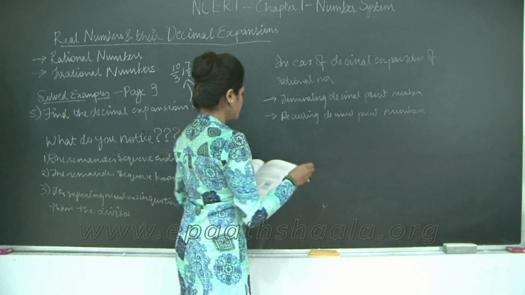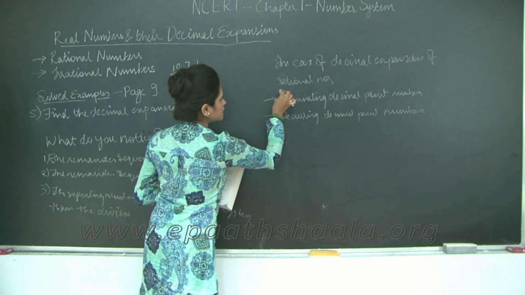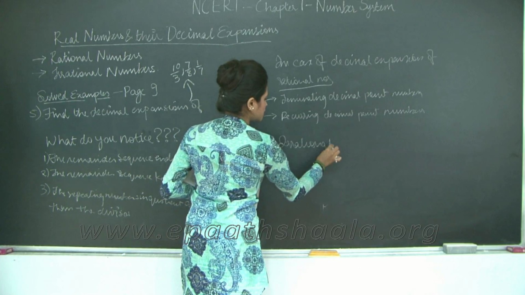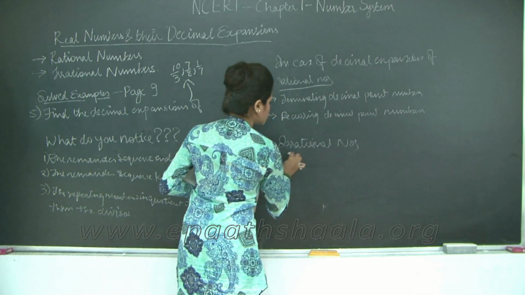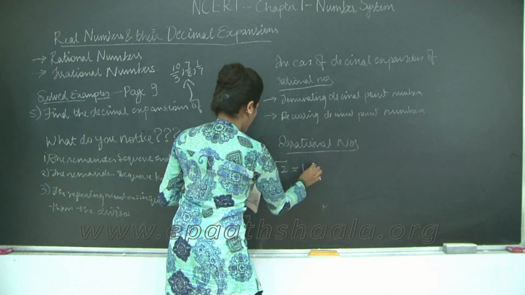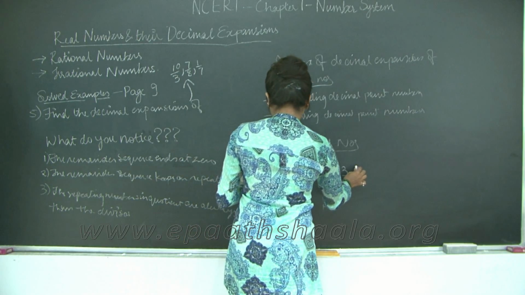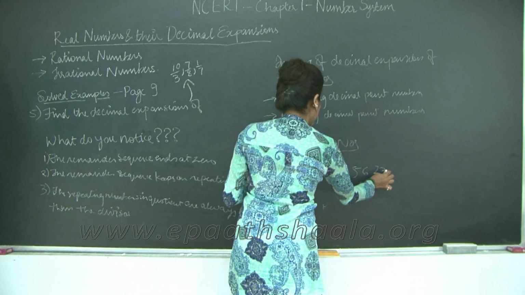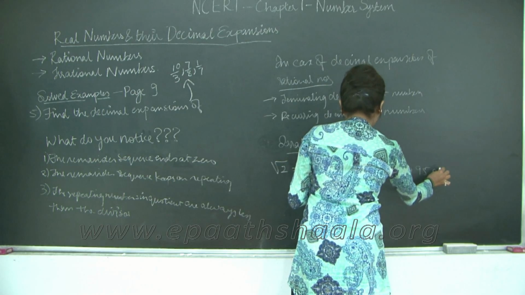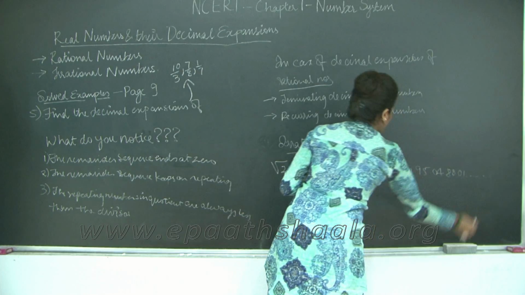We have root 2 whose actual value is 1.414213562309504881, and it keeps going on.